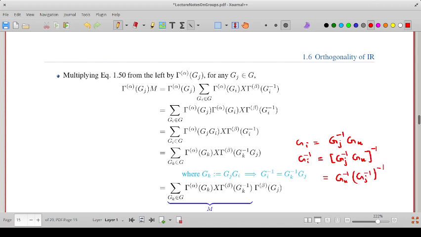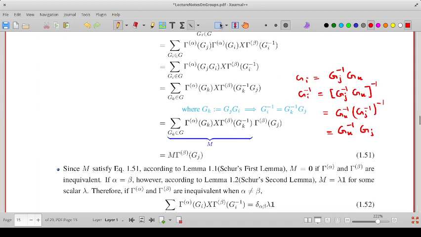But the inverse of Gj inverse is nothing but Gj, so Gi inverse equals Gk inverse times Gj. So we end up with summation over Gk of gamma alpha of Gk, then X, and gamma beta of Gk inverse times Gj.